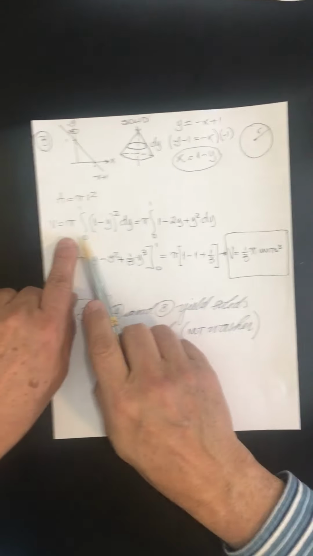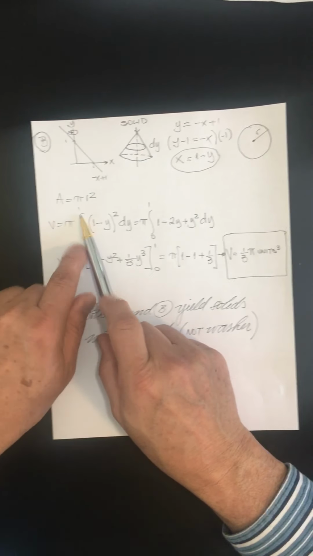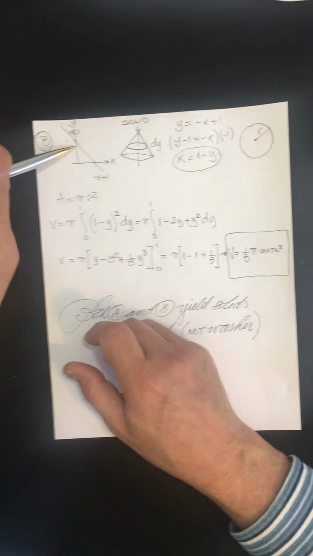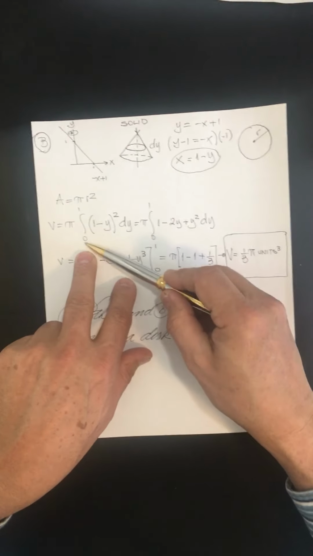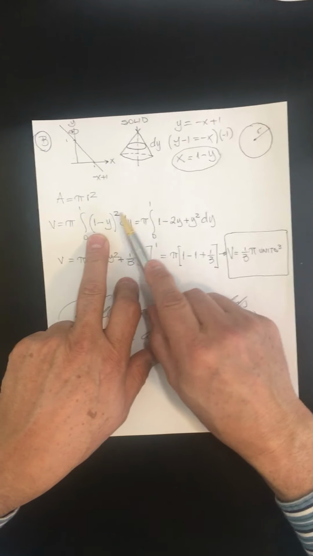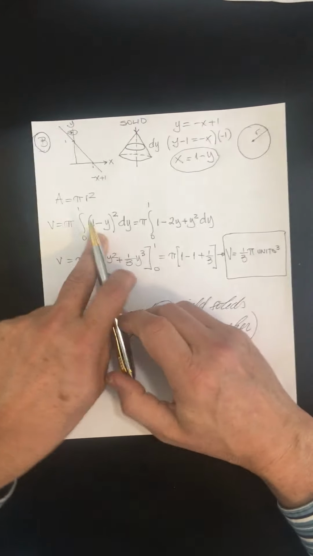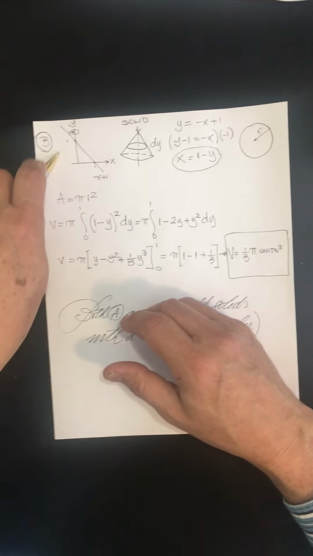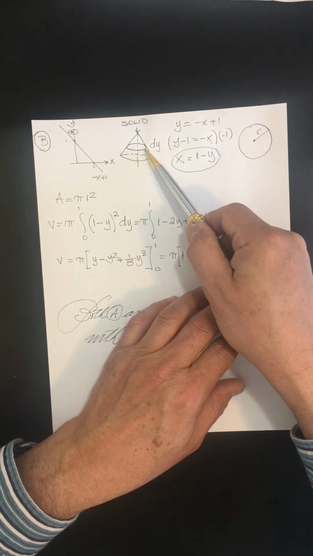So, back to our integral setup. The volume is pi, 0 to 1, because the y here goes from 0 to 1. It still goes from 0 to 1. In some function, this is not the same as the x. But here, 0 to 1. So here is our r squared. Our r is a function, okay? It is this line that is going around and therefore making the edges of this circle.